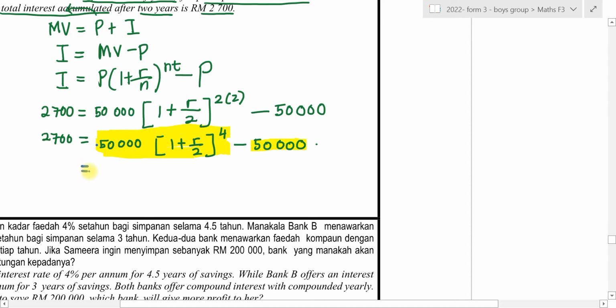So I can factorize this. See how I factorize: both places have 50,000, so I take out 50,000. This 50,000 is multiplying with 1 plus r over 2 to the power of 4, so you just write back the same thing.